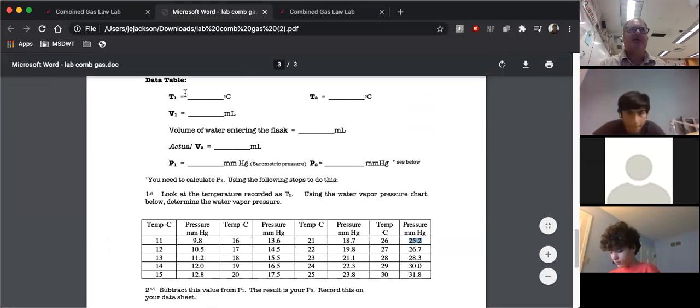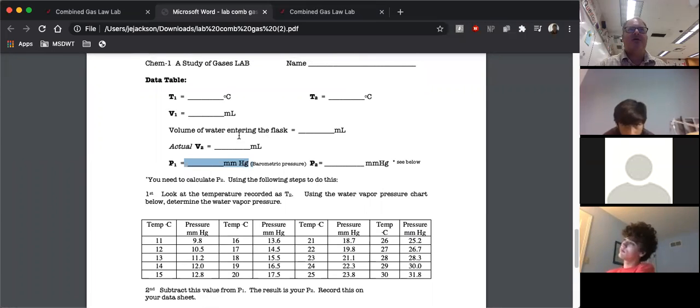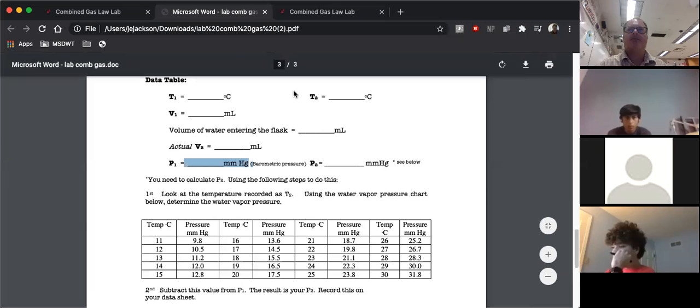Keep in mind, the first things that you find are T1 and P1. The next thing that you find, I believe, is probably T2, which allows you to find P2.